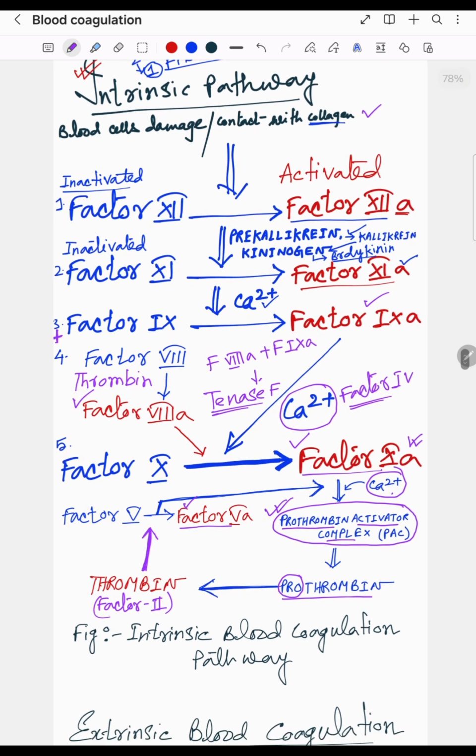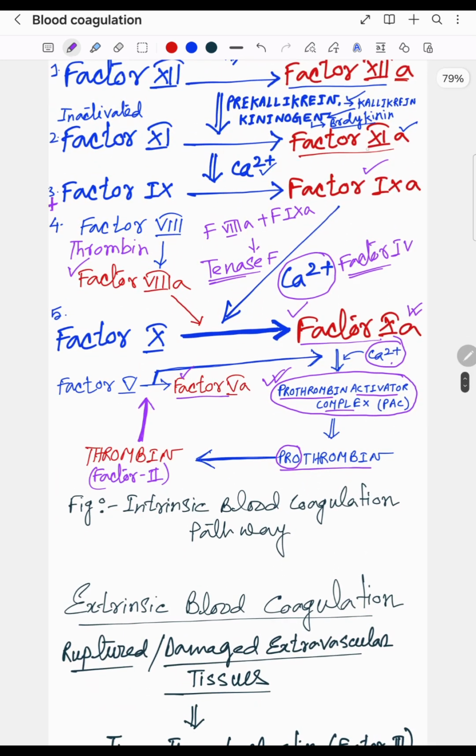Okay, next factor 11A and calcium, they both help in the activation of factor 9A. Factor 9A and factor 8A, they combine, and in presence of calcium they activate factor 10A.